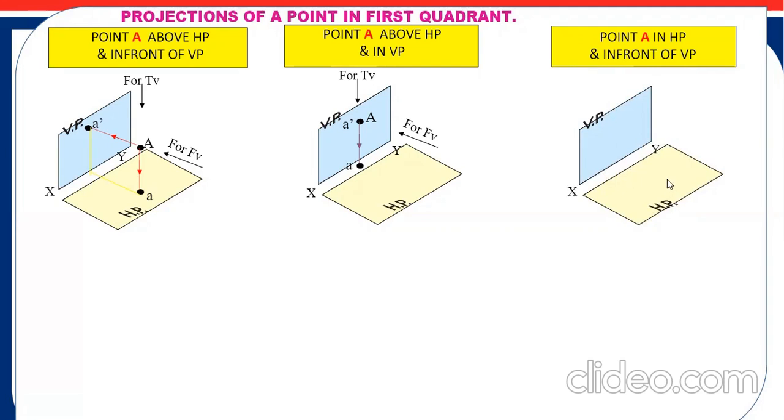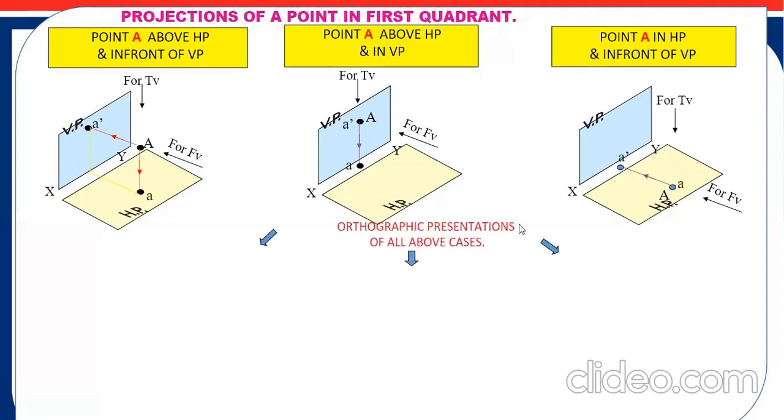This is the XY line, so A is here somewhat, 20, 30, whatever the dimensions, in HP and in front of VP. So we're getting the top view here and the front view on the XY line. A dash, A dash and A.